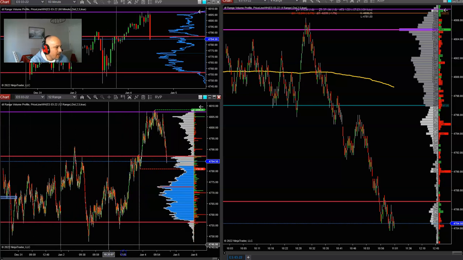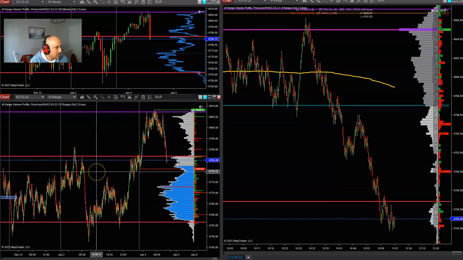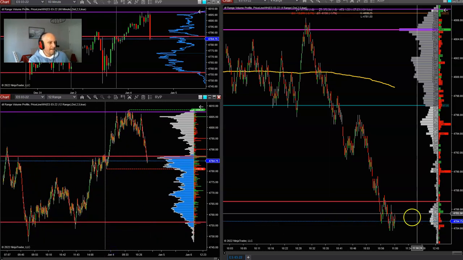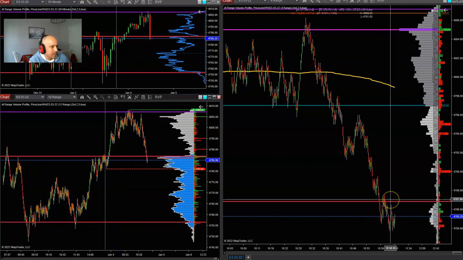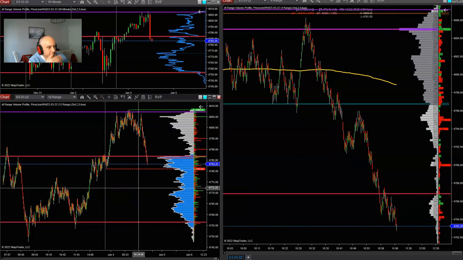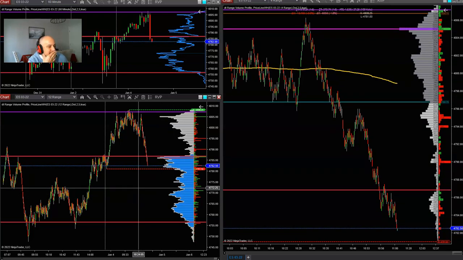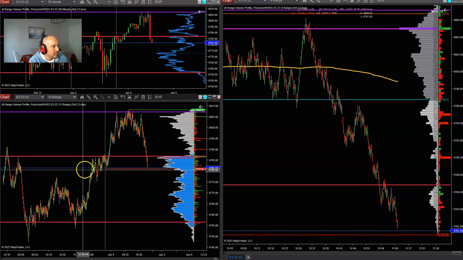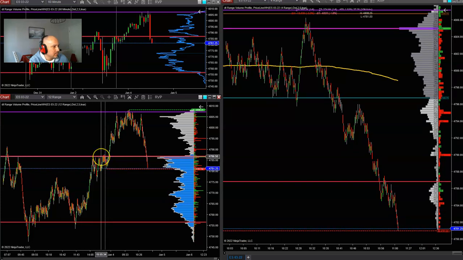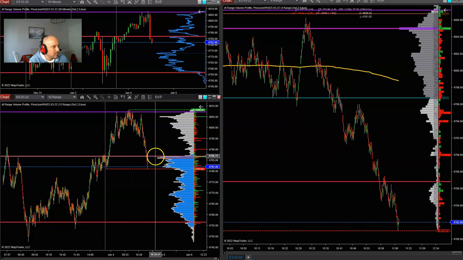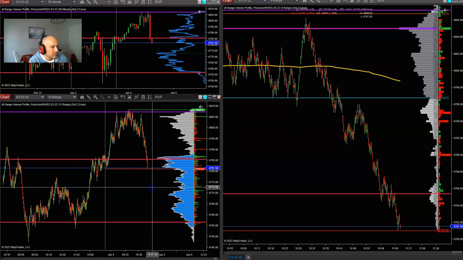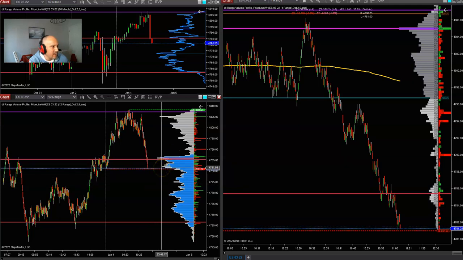It's pushing lower. All right, we're at the lower end of the high volume area, right?